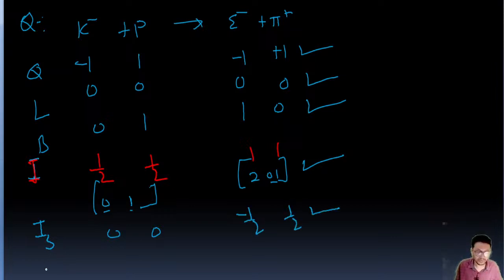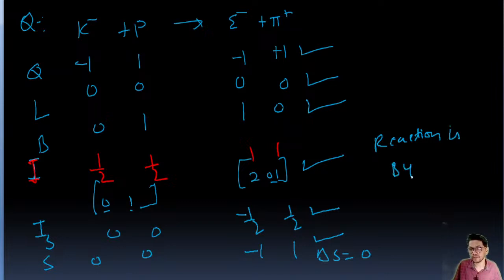Now we'll find strangeness S. This is 0, 0, and I have explained how to find strangeness. The delta value is coming 0, so all are conserved. This means this reaction is made by strong interaction.